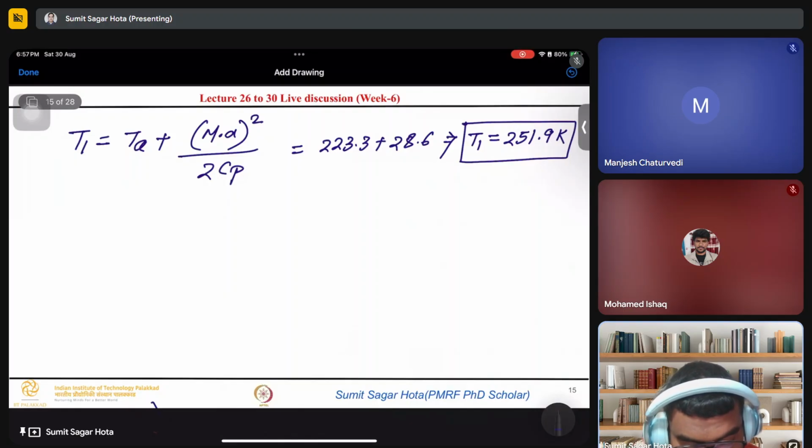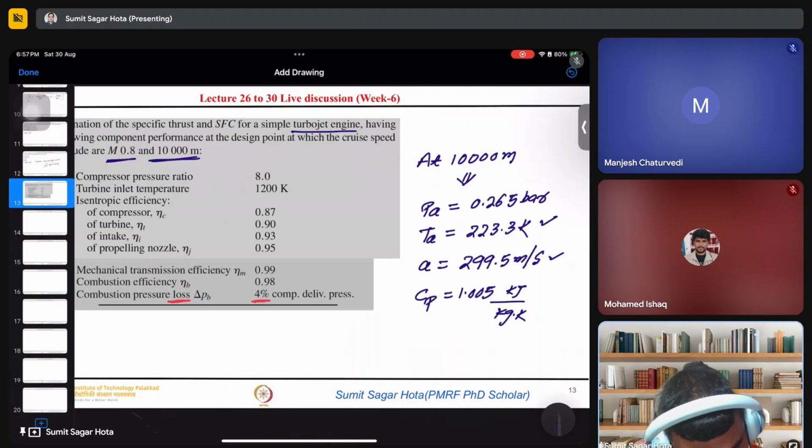Why I cannot assume it like this is because this intake also has some losses. You can see the isentropic efficiency of the intake is also given, and that is the reason.